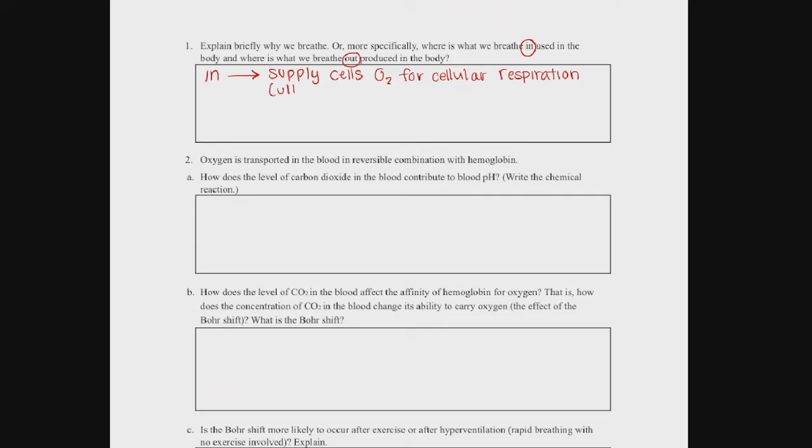Remember, ultimate electron, this is just shorthand for electron acceptor in the ETC. And what we breathe out rids our bodies of carbon dioxide, which, as we saw in the previous page, is a waste product of respiration.